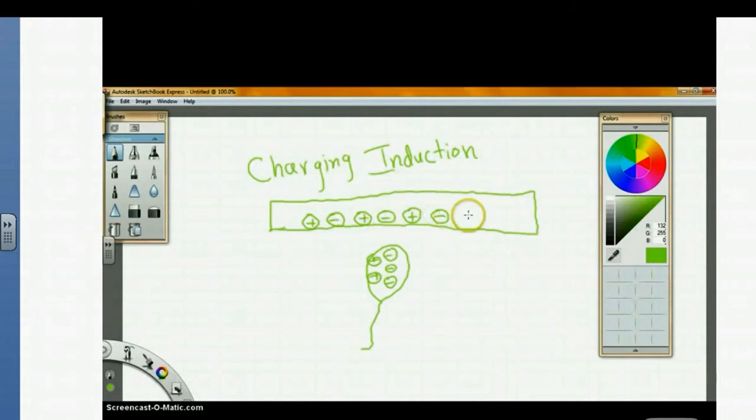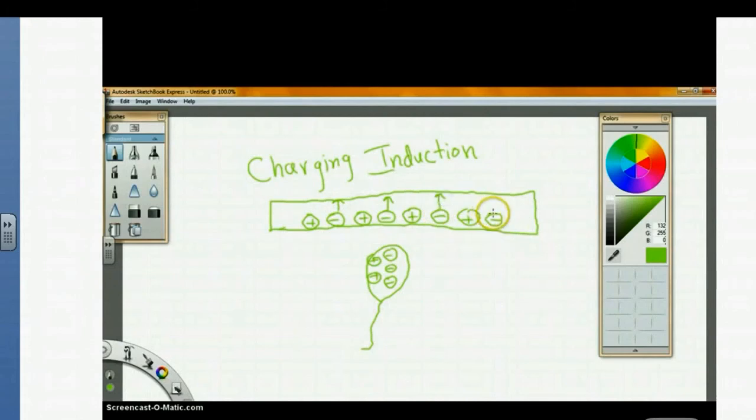But what happens when you bring the balloon toward the ceiling, the balloon has a negative charge. Since opposites attract, the positive charges are going to stay. But like charges, electrons and electrons, they repel. So when I put this balloon up close to the ceiling, these electrons are going to move to the back part of the ceiling.